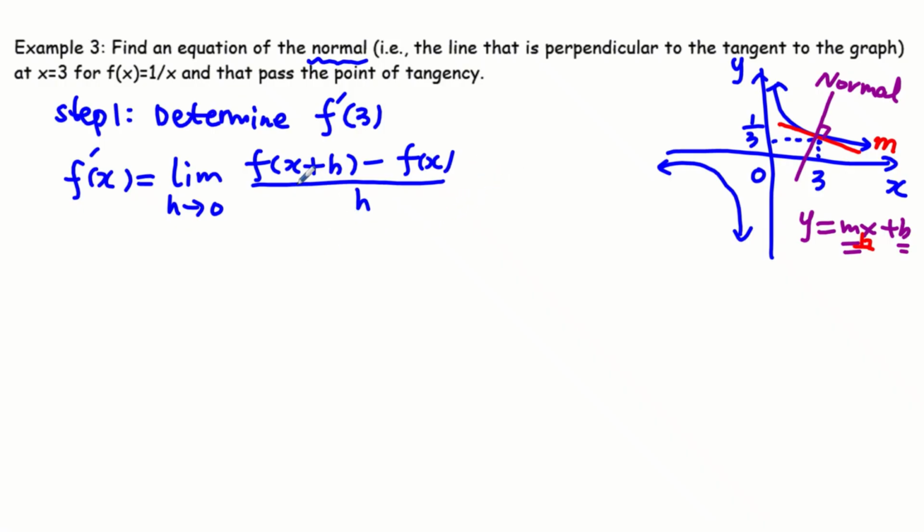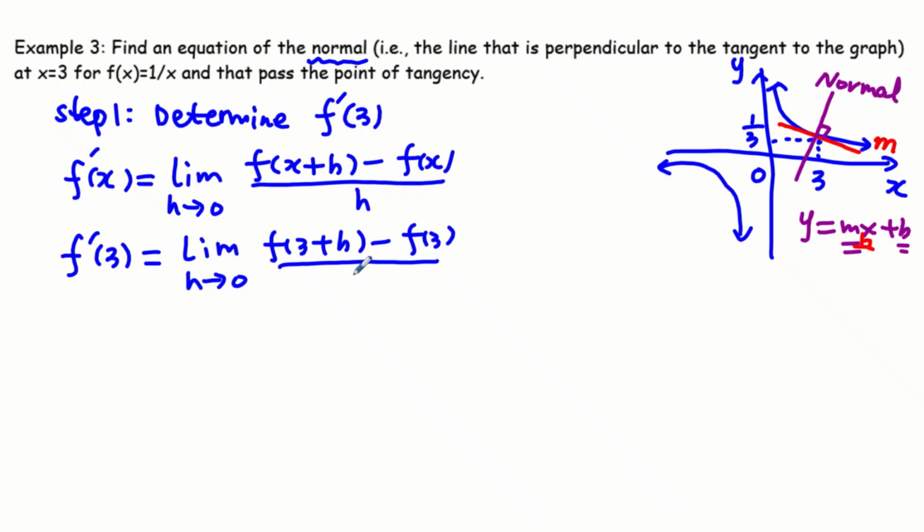Another way you can do it, you just put a 3 here. I will show you. So f prime 3 equals the limit as h approaches 0 of f of 3 plus h minus f at 3, all over h.